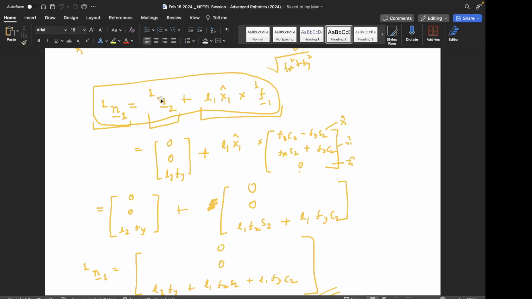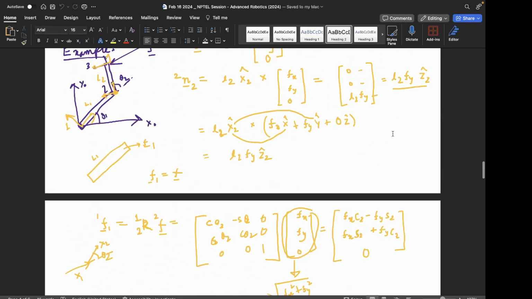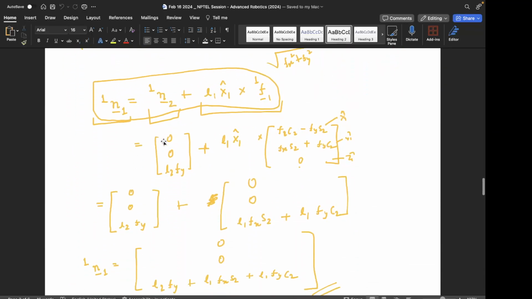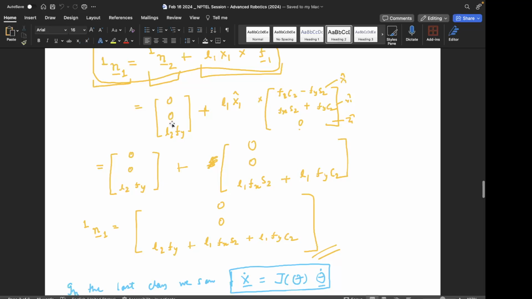So the joint torque at joint 2 in frame 1 is the same as this L2 Fy Z2, because Z2 cap and Z1 cap are parallel. Since Z2 and Z1 both point out of the plane, there is no rotation between them, so this vector remains the same, 0, 0, L2 Fy.